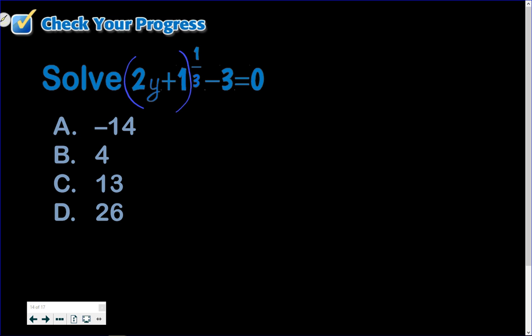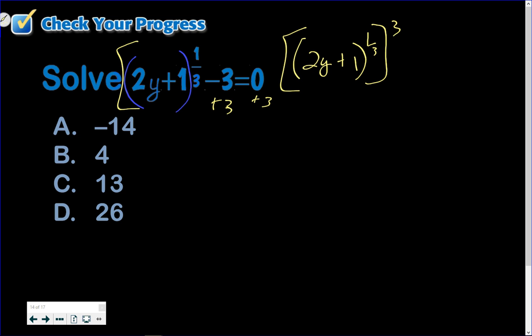Okay, so I'm going to take this. I got to add 3 to both sides first. And I'm going to rewrite it. Okay, so I got to take this to the what power, guys? Third power. I think that's where you guys messed your step.